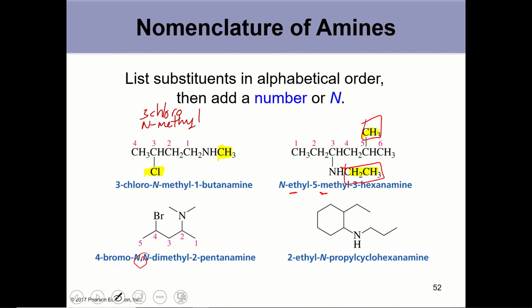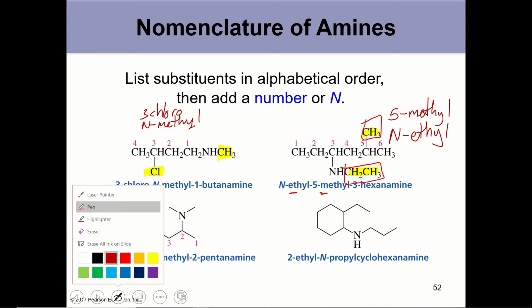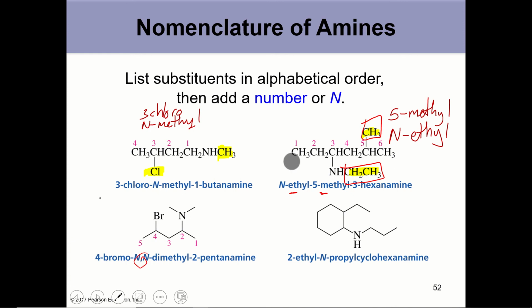That's the location of the methyl, 5-methyl. And the ethyl being at the nitrogen, N-ethyl. And N-ethyl is alphabetically before methyl. So we would have N-ethyl 5-methyl 3-hexanamine.